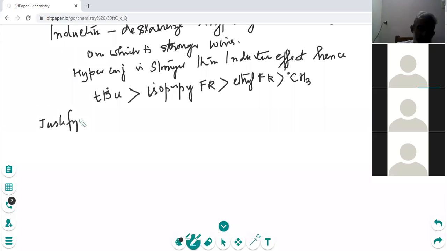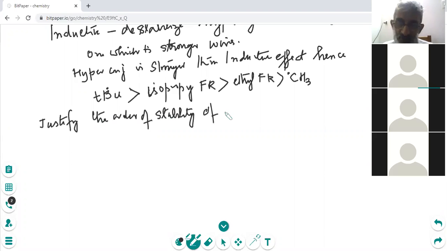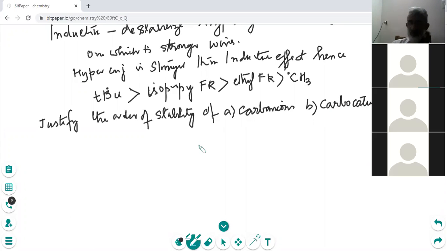Justify the order of stability of A carbanion and B carbocation, with proper drawings.